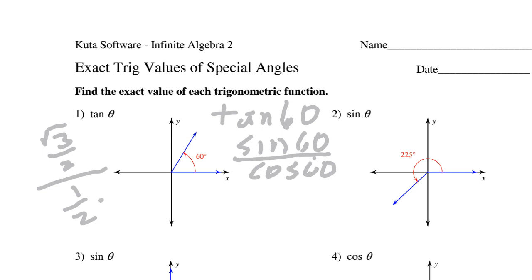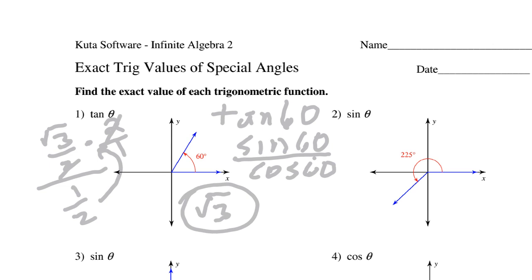So to get this to the top up here, you're just going to simply multiply by the reciprocal. So I'm going to say square root of 3 over 2 times 2 over 1. The 2's cancel out. So this answer is square root of 3. And basically, guys, that's all you do, okay?